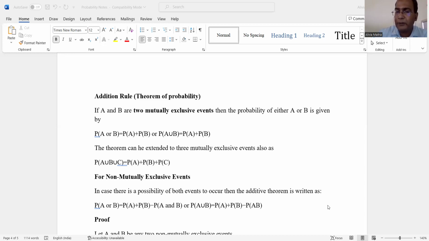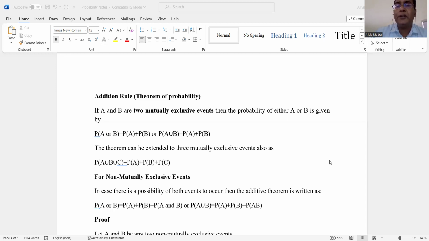Now next we discuss the second kind of events, that is, when the events are non-mutually exclusive. In that case, there is some possibility of a common event for the two events. In this case, the probability of A union B is given by the probability of event A plus the probability of event B minus the probability of event A intersection B. The probability of event A intersection B is also written as P(AB).